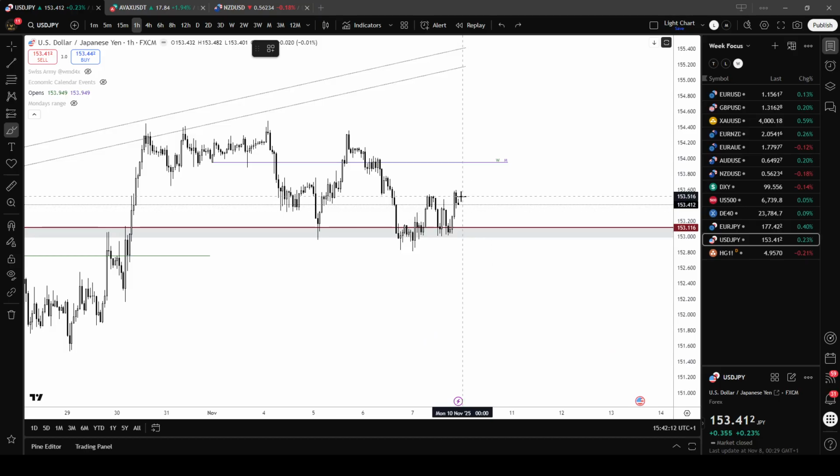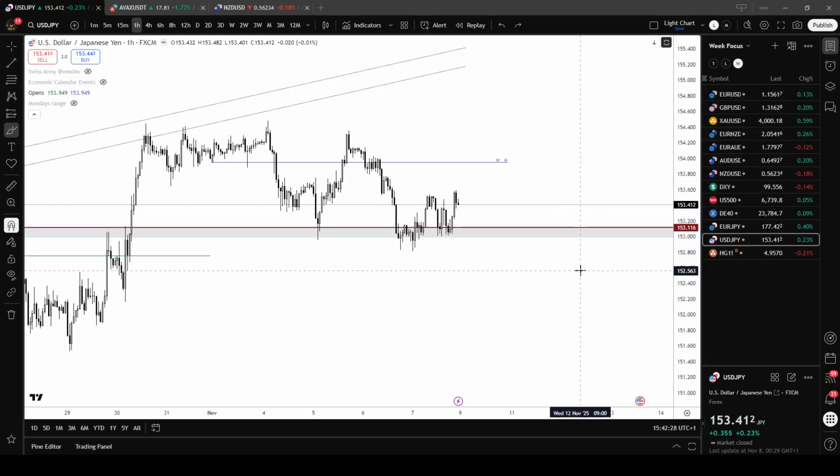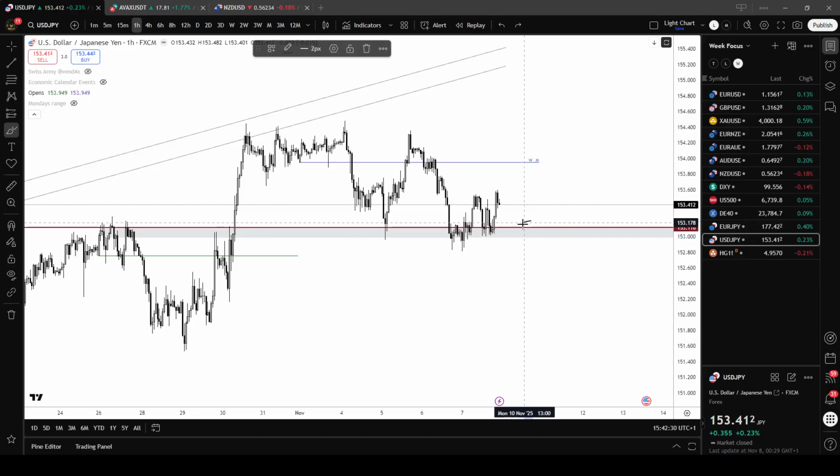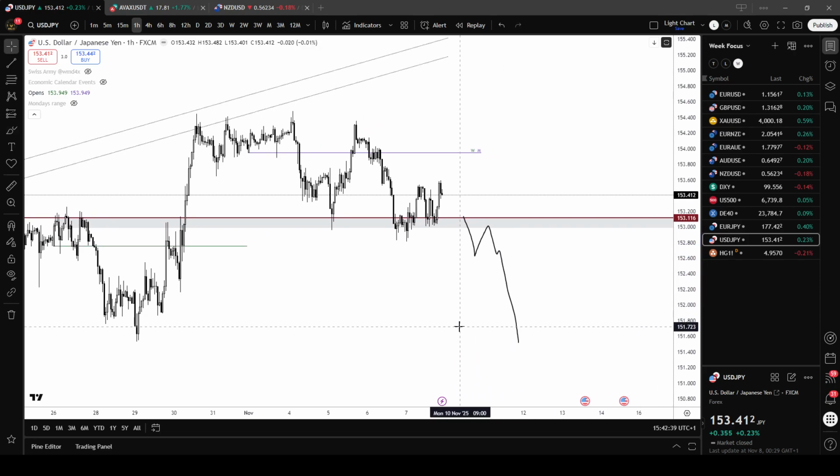I think USDJPY should do something like this, or maybe it doesn't need to run to the monthly open, but the moment it gets below this zone here, which was our pivot, any retest is something you should sell, okay?